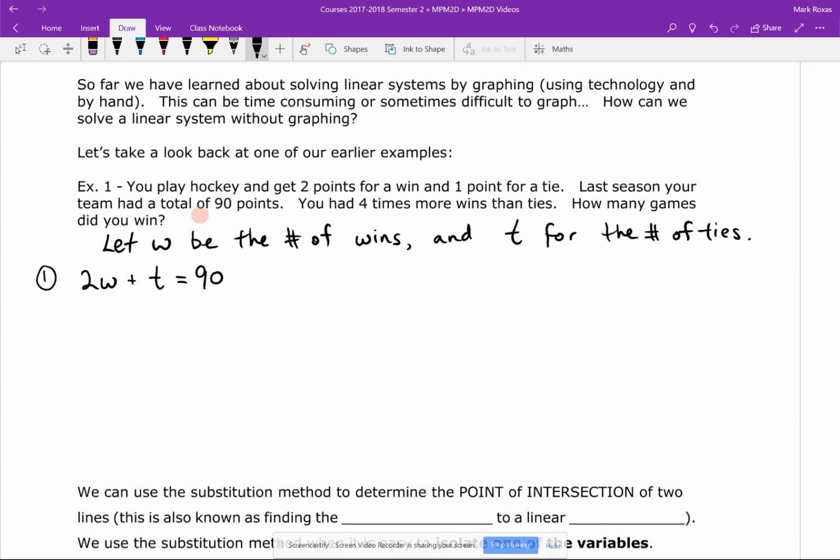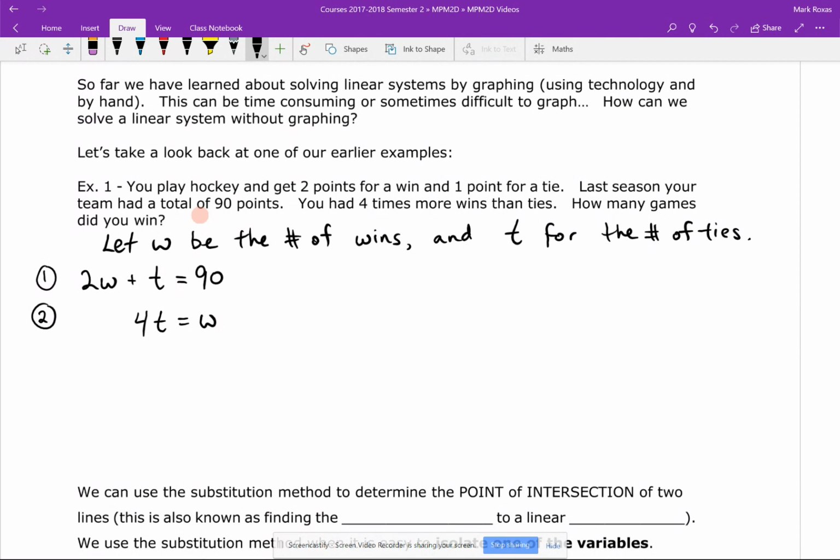So equation number 1 is an equation based on points. Equation number 2 is an equation based on the number of wins. So we had 4 times more wins than ties. So the number of wins is equal to 4 times the number of ties. So 4t equals w.